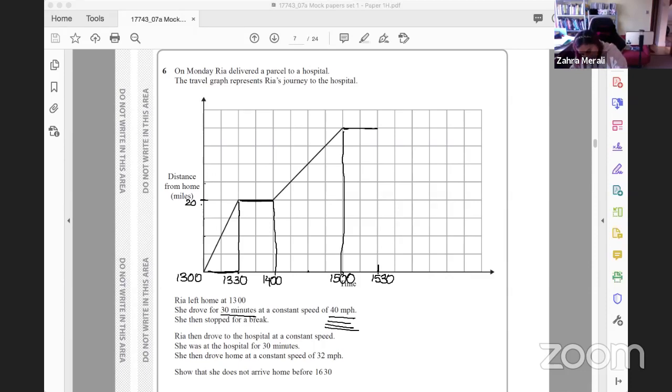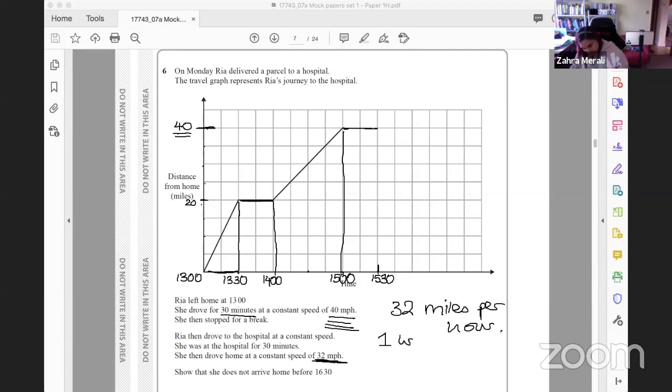So we've got 1, 2, 3, 4 more squares. So we've got 40. Right, and now it's telling us, so she's starting at 40, she's that far away from home, and she drives home at a constant speed of 32 miles per hour. So that means in 1 hour, she's traveled 32.